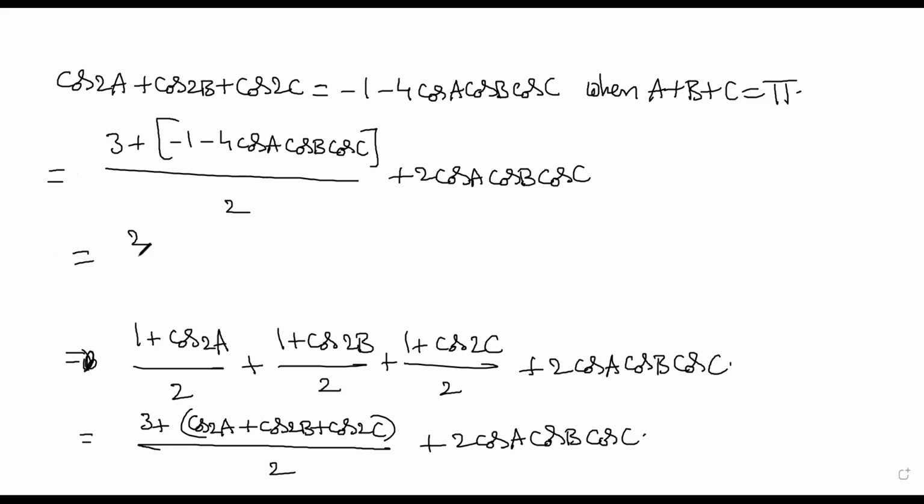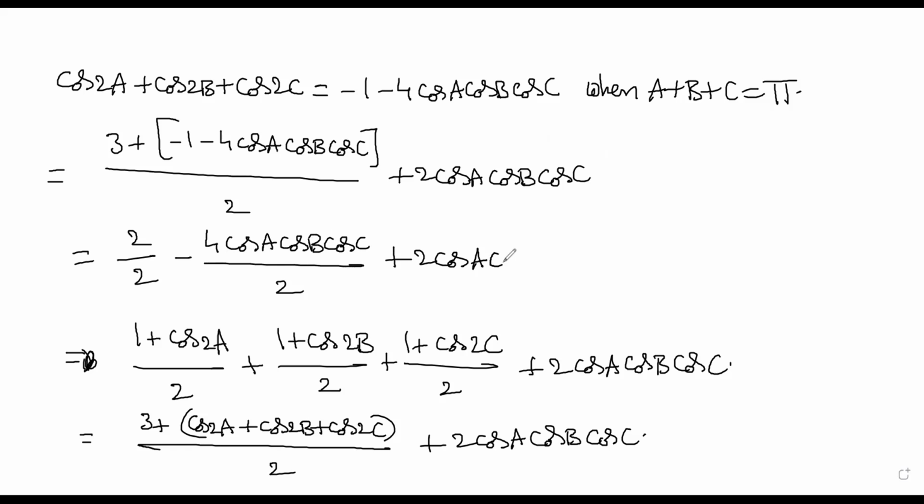So 2 by 2, let me split the numerators, -4 cos a cos b cos c whole divided by 2, plus 2 cos a cos b cos c. You can see that this cancels out 2 times, and this term is opposite of this term. So these both cancel with each other, which becomes 0, and 2 by 2 goes to 1, and hence the answer is 1.